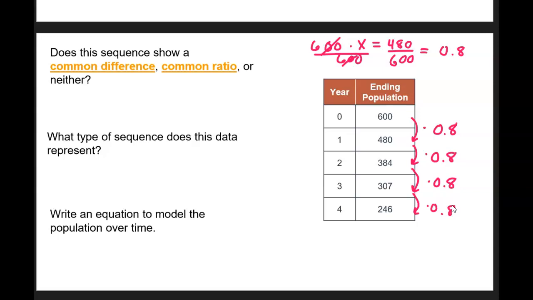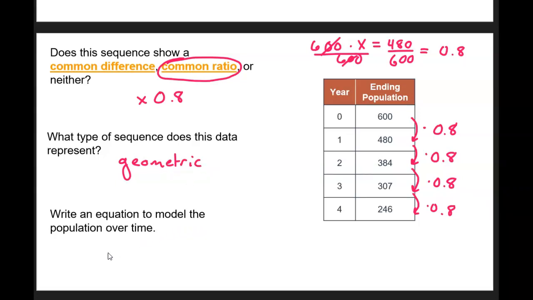This looks like our pattern. We found it. 246 when we round. Yes, that is correct. So we found this has a common ratio. And the common ratio has a value. We're multiplying by 0.8 at each step. What type of sequence? Well, since it's a common ratio, this is going to be geometric.